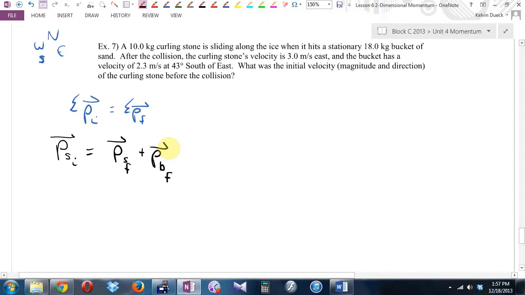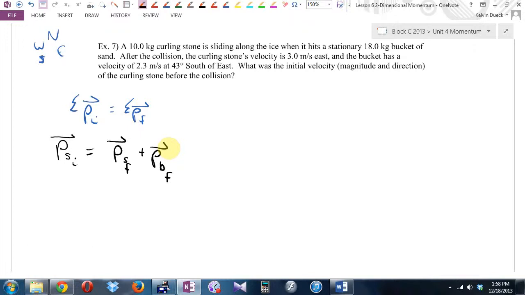Is this question giving me directions and angles and stuff? Then I better gulp. If not, I could just let to the right be positive, to the left be negative, be consistent, and divide, and good to go. Okay. Gulp. Do I know the direction or magnitude or momentum of the stone initially? Do I know how the stone was traveling before the collision?